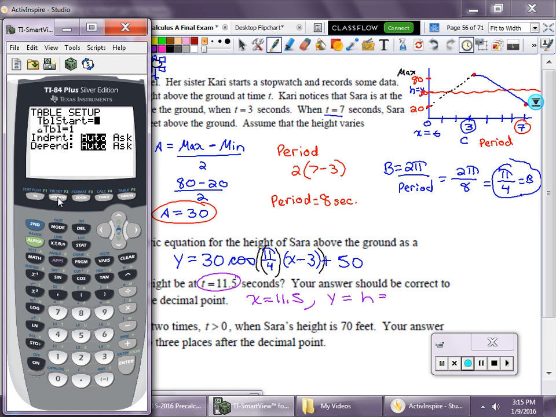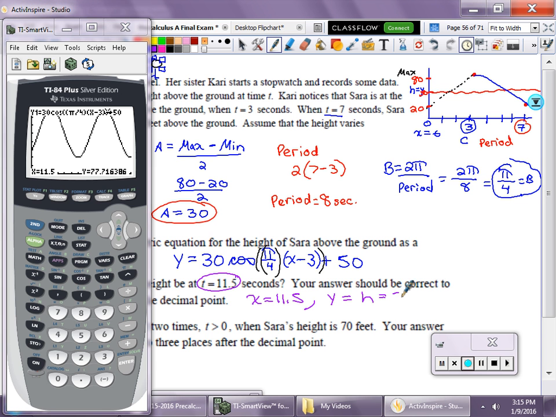I like when this happens because then we can't give up. So I'm going to go right to window, and instead of x max, I'm going to expand it to 15. Second calculate, enter, and let's put it in. Oh, it has to draw. Okay, and then we're just going to put our 11.5 in. Yes.